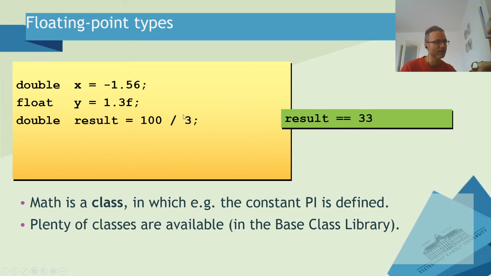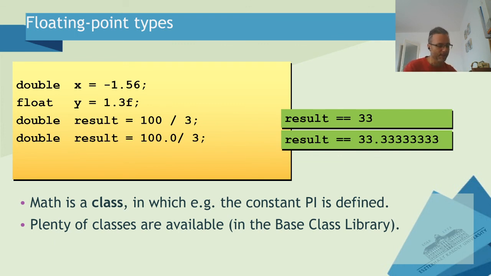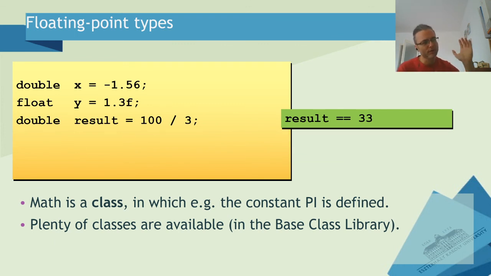The problem is that the result itself, when it is calculated, will be an integer number. However, the real result should have been something like that. But whenever you divide two integers, the result will be truncated to an integer.